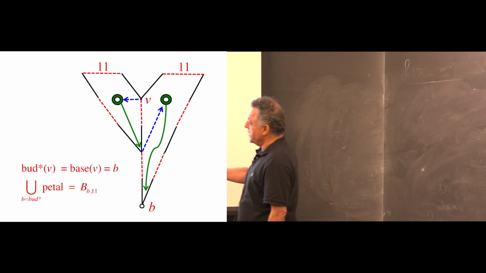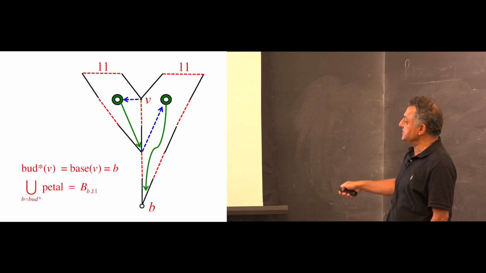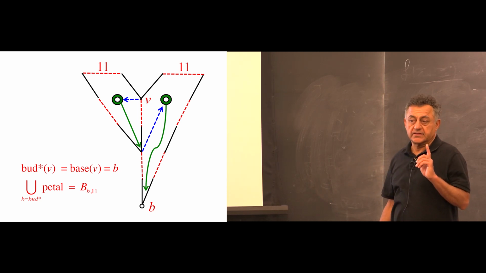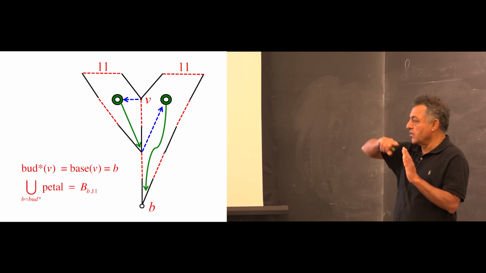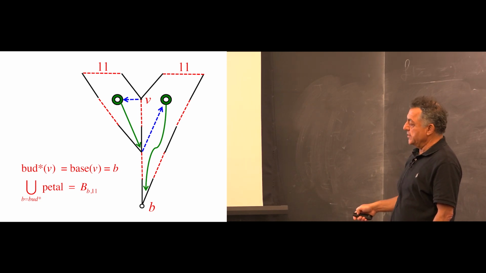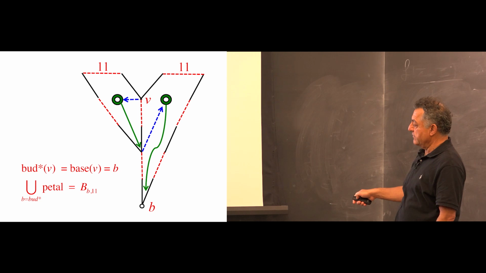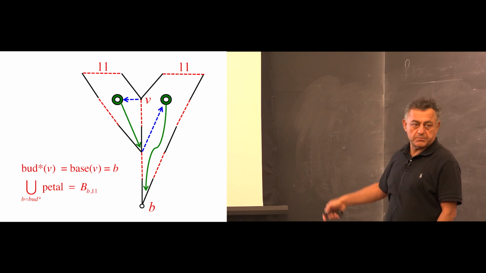The point is that bud of bud of bud of bud finally will be the base of all these vertices. Each of these vertices will have that guy as the base, the highest vertex of higher tenacity on all even level and odd level paths. And another point is that the union of all these petals, which have this as the bud star, will be the blossom of this base and that particular tenacity.